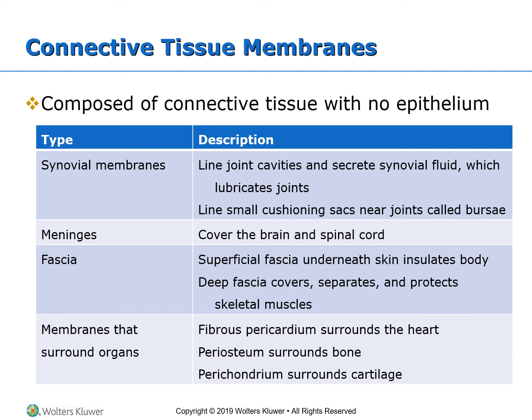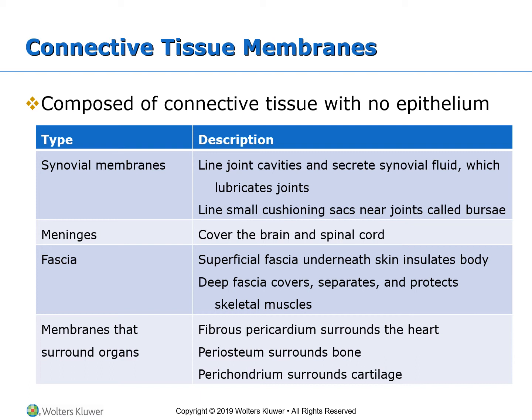Meninges is the cover for the brain and the spinal cord. We have the fascia that is made out of fibrous bands or sheets whose main purpose is to support organs and hold them in place. And we have two types of fascia. We have the superficial one that can be found underneath the skin, where it has the main function of insulating the body.